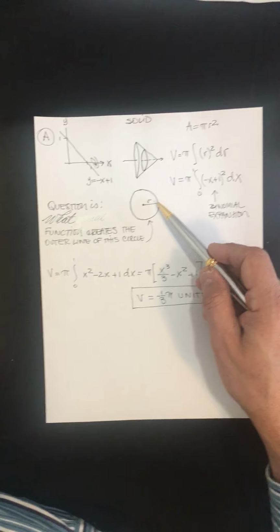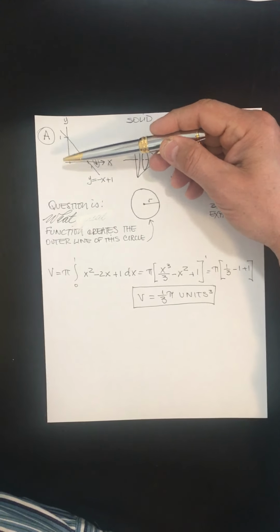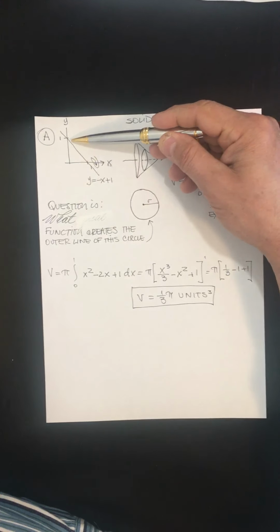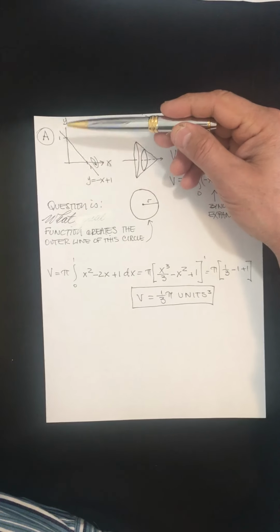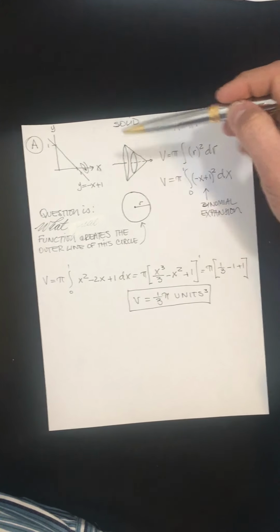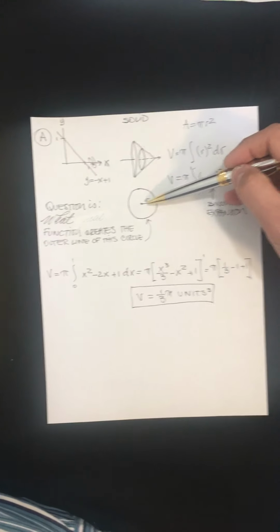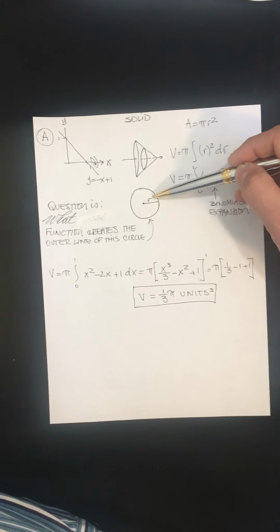Well, how do I know? Just look here. When you rotate, it's this line that is the outer line of the circle. Therefore, this function is what's making the outer line of the circle.